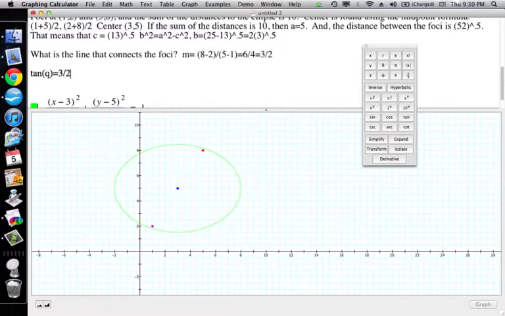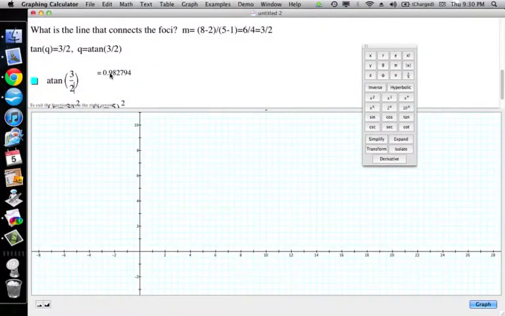So tan q equals 3/2, so q, or theta, equals arctan of 3/2, which is equal to 0.982794.